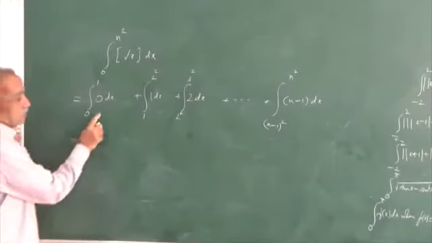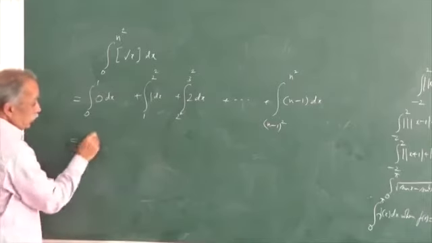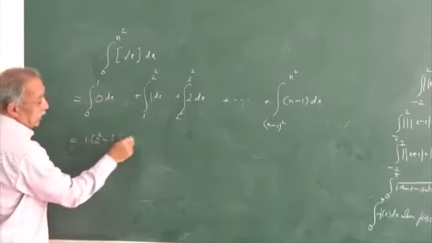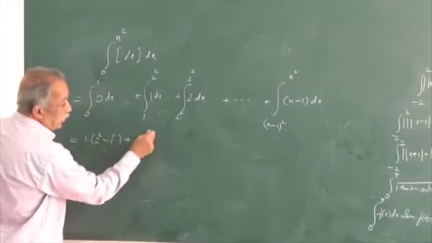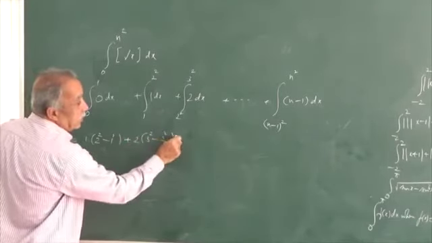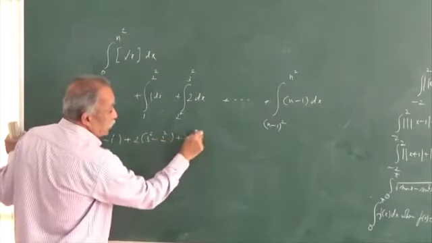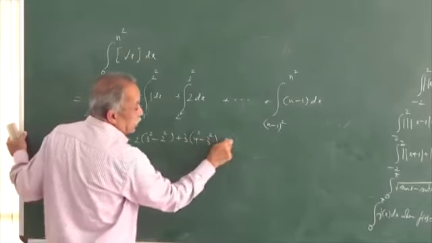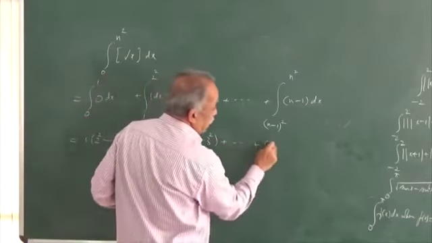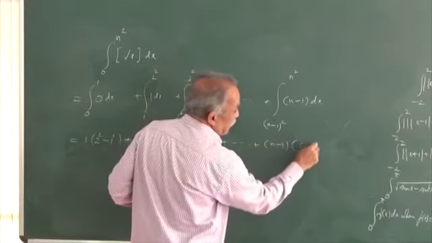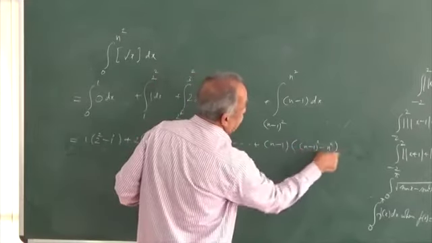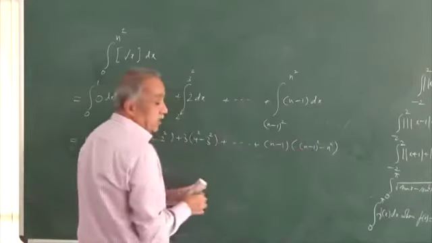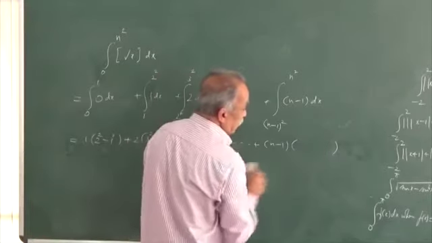Value, this is 0, 1 into 2 square minus 1 square, 2 into 3 square minus 2 square, plus 3 into 4 square minus 3 square, so on, up to n minus 1 into n square minus n minus 1 whole square.